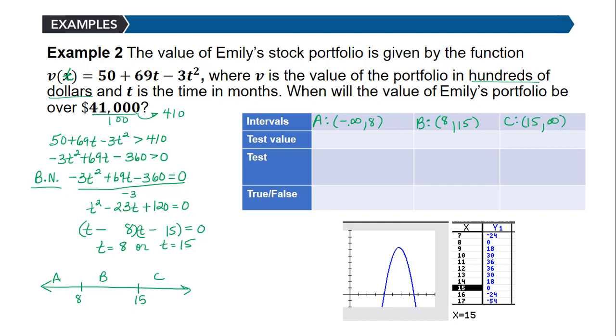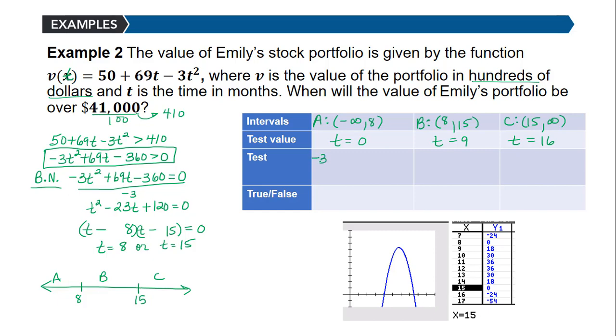So in region A, our interval -infinity to 8, if 0 is in the interval, I say use that as a test point. So we'll put in t equals 0. In region B, we can say t is equal to 9. In region C, something larger than 15, so we'll use 16. And I'm plugging into this original inequality -3t squared plus 69t minus 360 to determine if it's greater than 0.